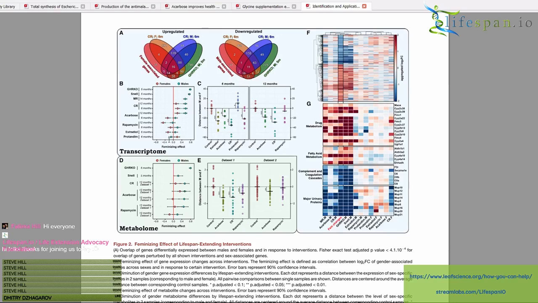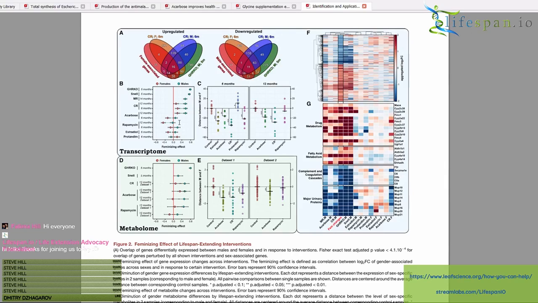And the same was basically reproduced using metabolome data. So we used the metabolome as validation of this observation, and we demonstrated the same thing. However, interestingly, what you can see from both gene expression and metabolome data is that in all cases except for just one, protandim, males had more feminizing effect than females.